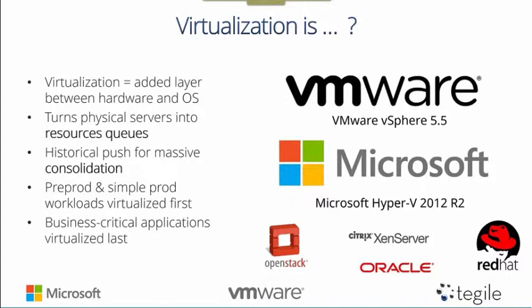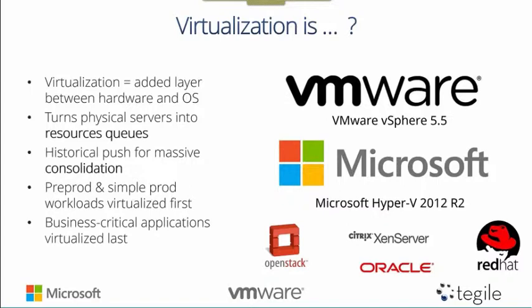That's it. Your virtual machines at that point simply get in line to get access to the resources they need. All these other things around it are bells and whistles for management and orchestration and making things more streamlined. But functionally, it just turns hardware into a resource queue.